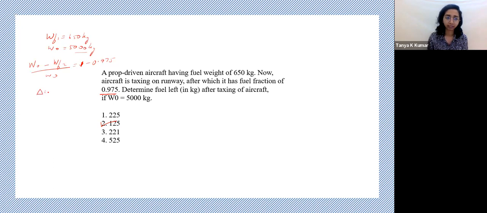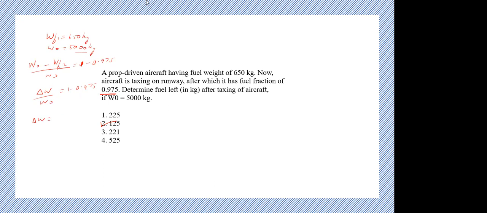So your delta W by W naught is 1 minus 0.975. Right? So delta W is W naught into 1 minus 0.975, or we can say W into 0.025.